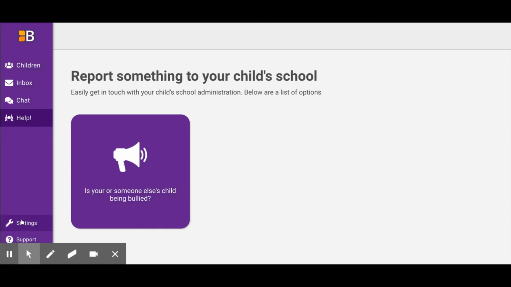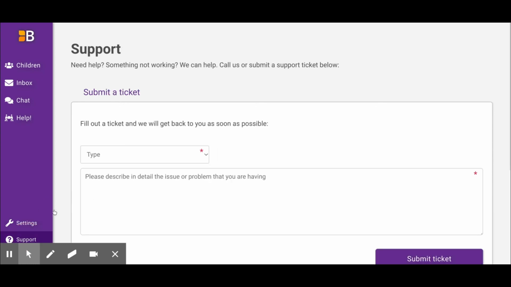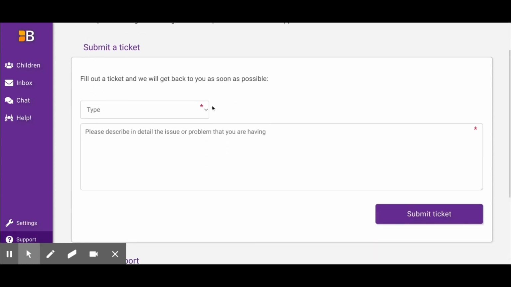Now, when I go down here to settings, I can change my password if I need to, and that's fairly convenient if there's a reason why you want to change your password. The last feature I'm going to show you is the support button. The support button is going to give you options, and this will go to our staff at BehaviorFlip. If you have a specific question for an administrator or a teacher at your school, you're going to have to contact them directly.